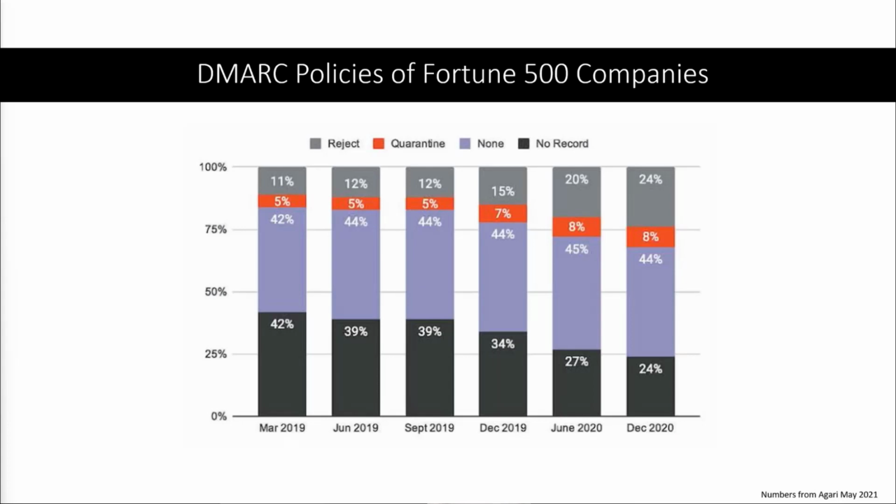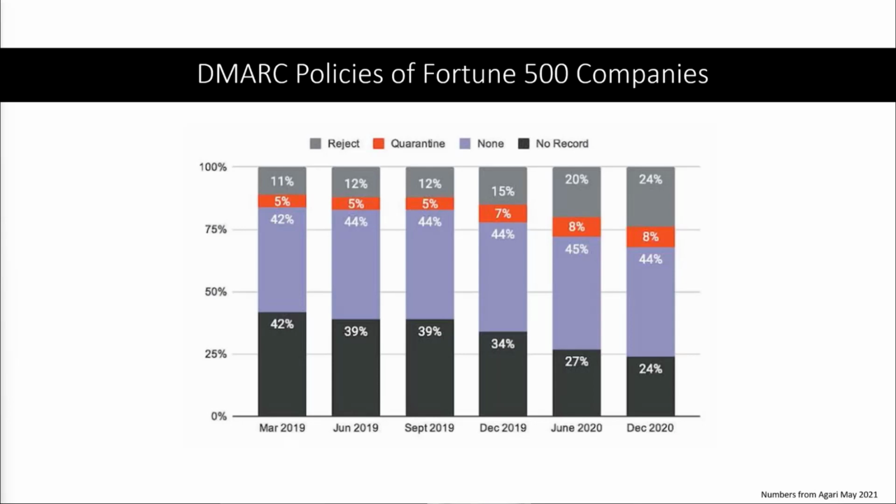If we look into the stats, which is a little over a year ago, based on the Agari reporting stats, 24% are not using a DMARC record at all, and some might have implemented the first step where they have the policy set to none, and that's 44%.